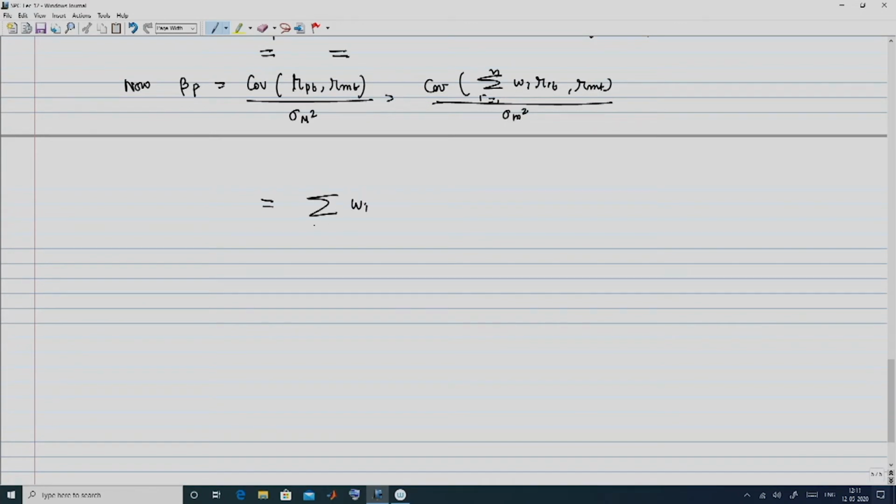So, this will be summation i equal to 1 to n Wi covariance of Rit and Rmt over sigma m square, and remember this term by definition is going to be beta i. So, this is summation Wi beta i, i equal to 1 to n. So, this means that the beta of the portfolio is simply going to be the weighted sum of the betas of the individual assets.